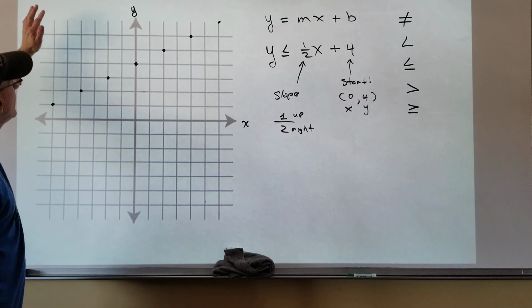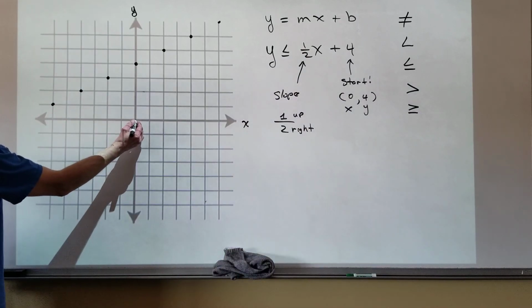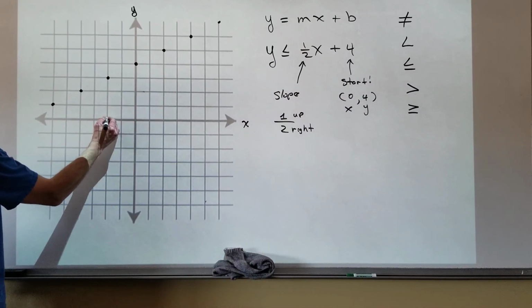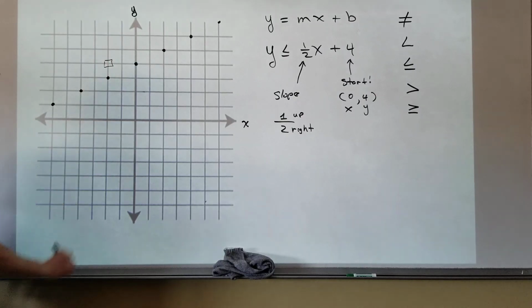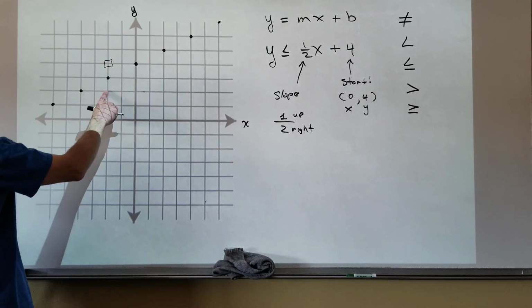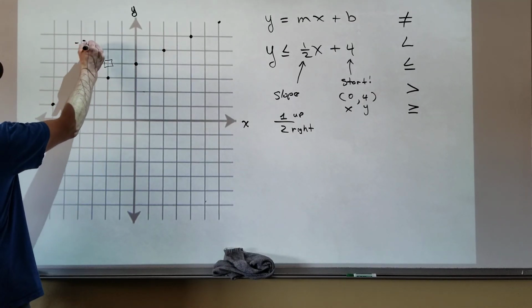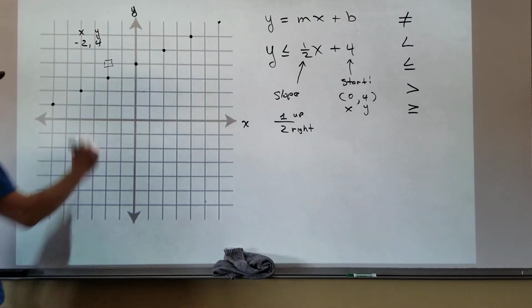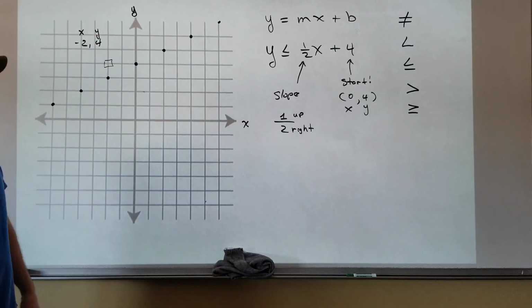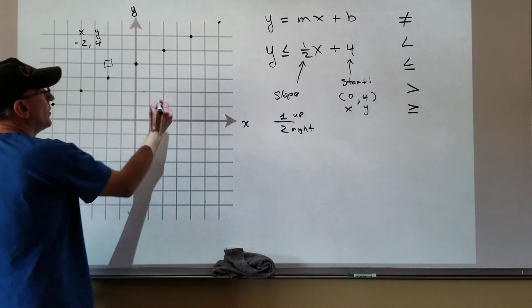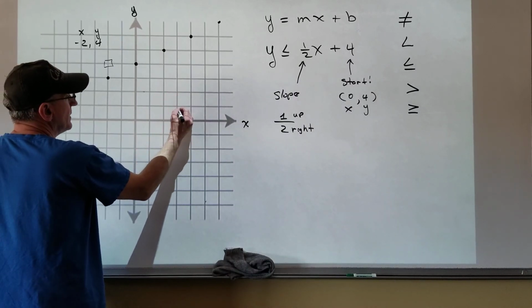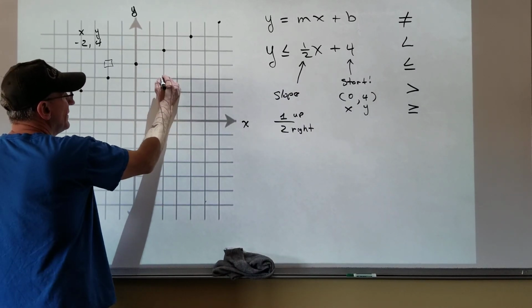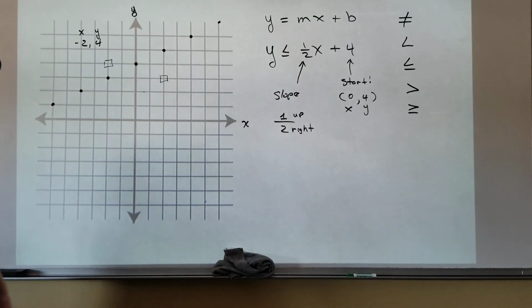And to test that idea, let's pick a point that is 2 units to the left and 4 units up. And I'm going to show you that this point, -2, 4, is a non-solution. And then I think I'll pick another point like this one and show you that this point is a solution.